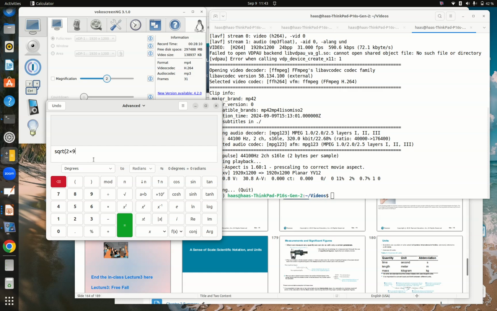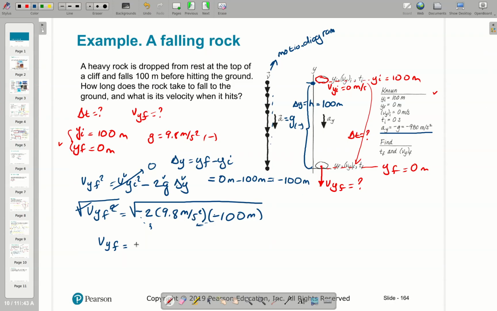It was 2 times 9.8 times 100. Notice how I dropped negative signs because I know negative times negative is positive. So here is my velocity as it hits the ground: 44.27 meters per second.